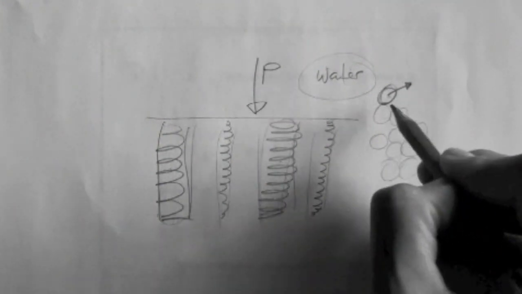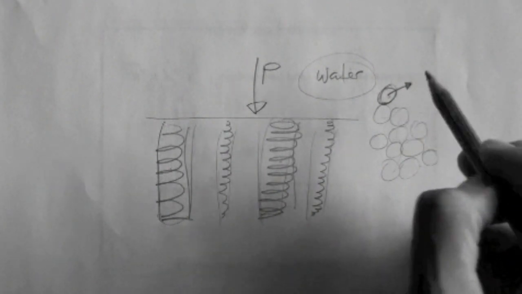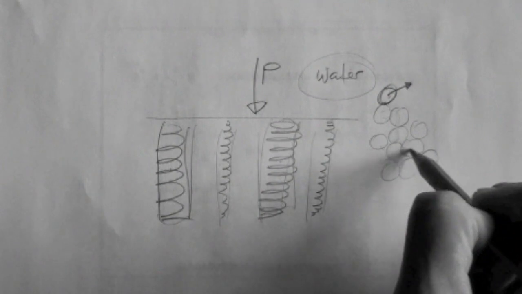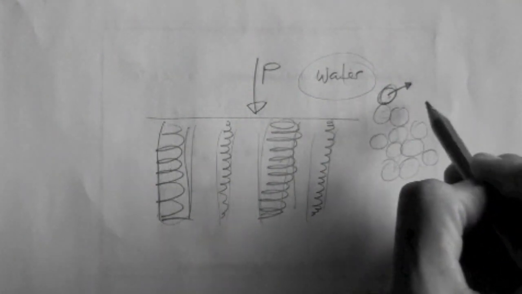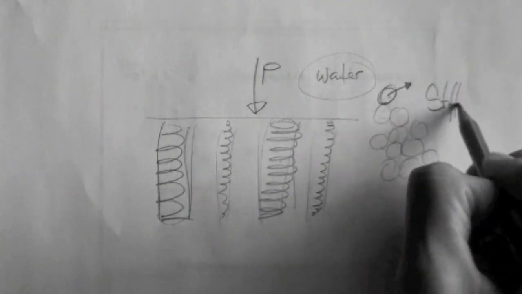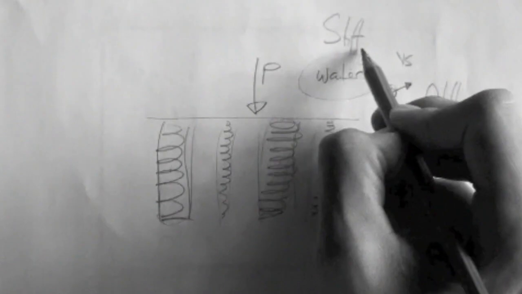What matters most for the comparison of stiffness in the soil is the assemblage of the particles, the fabric, the stiffness of the fabric, versus the stiffness of the water.